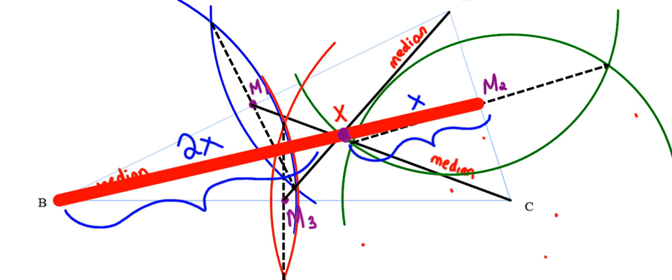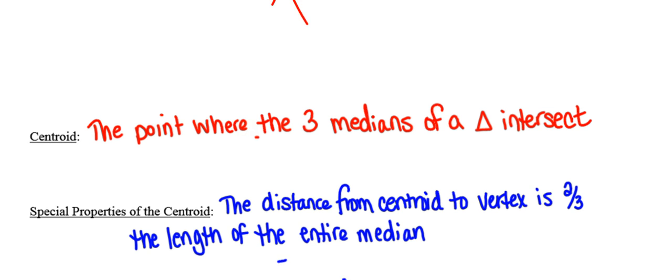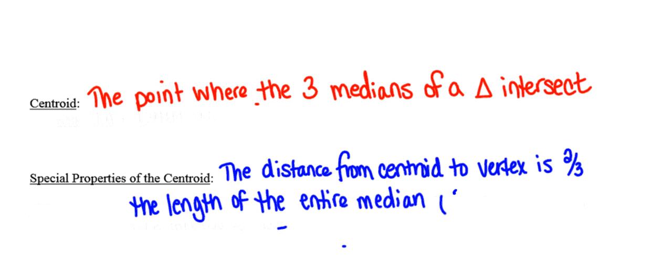If you like remembering that the distance from the centroid to the vertex is 2/3 the length of the whole median, that's fine. I like to think about this in terms of the whole 2:1 ratio.